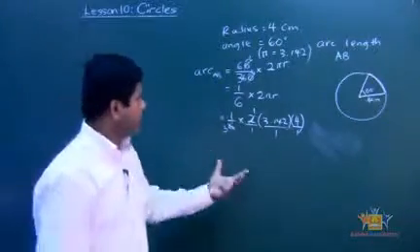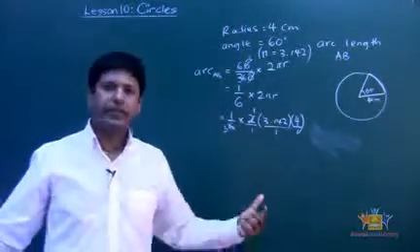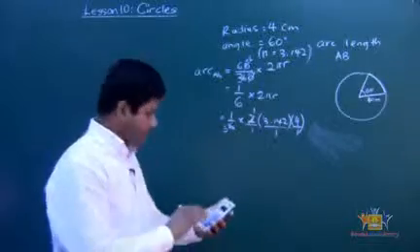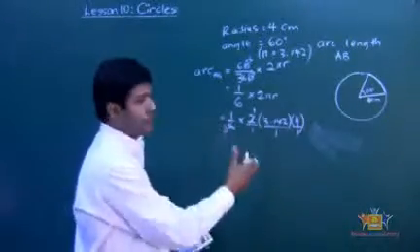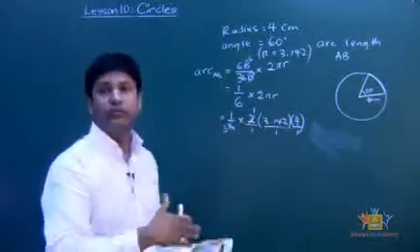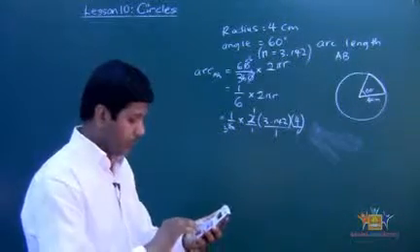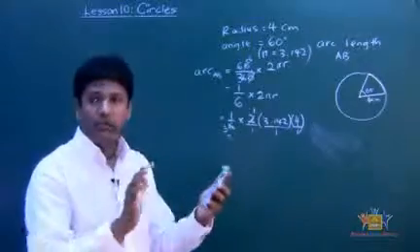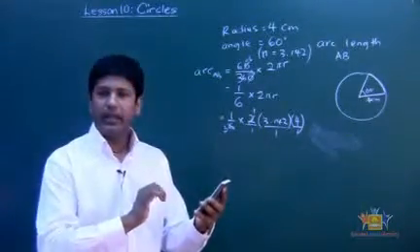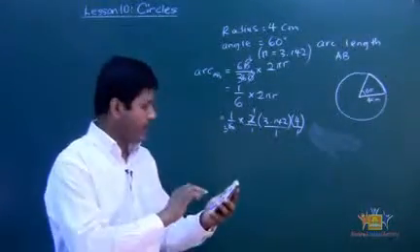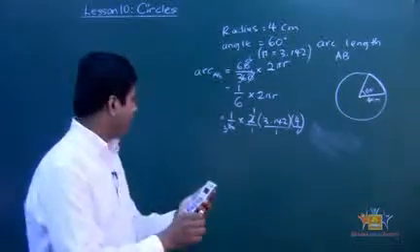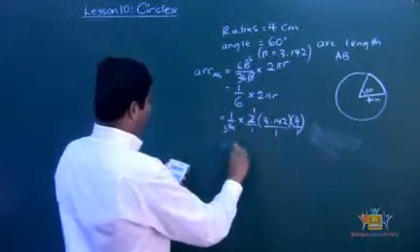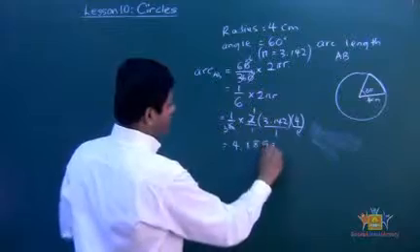Okay, so let's use a calculator. 1 times 3.142 is 3.142. Then take 3.142 times 4. If you're using a basic calculator, press equal and then divide that by 3. That should give you 4.18933.